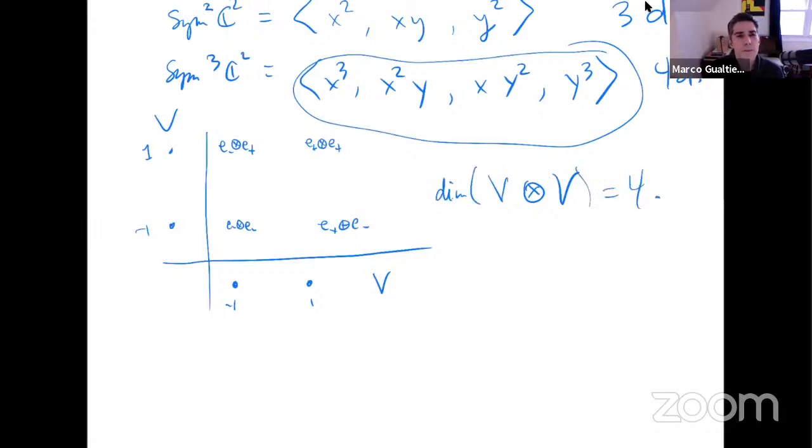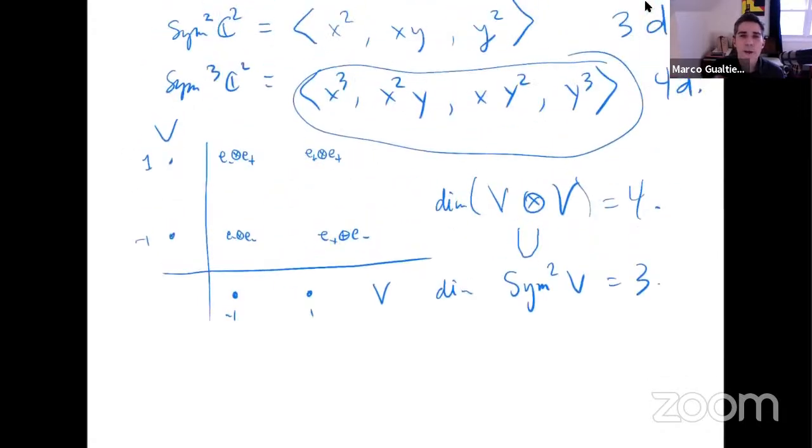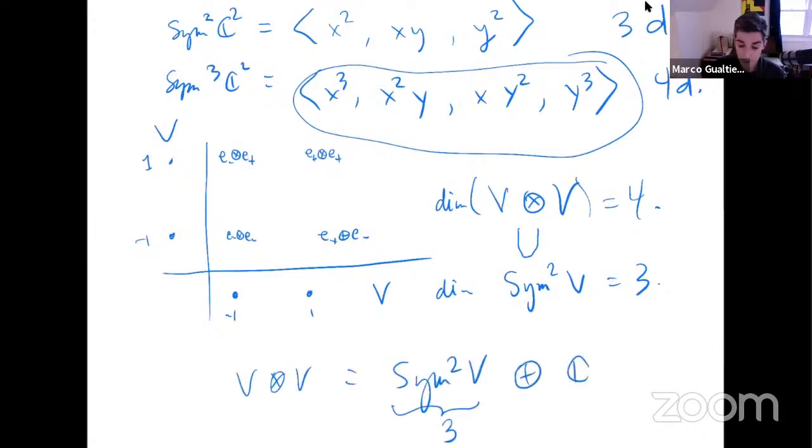Okay, but the problem is that this one will not be irreducible because we know that inside here there's Sym^2 V, and this has dimension 3. And we know that these representations always decompose into irreducible representations. So what we know is that V tensor V must be a sum of the 3-dimensional representation plus the 1-dimensional representation.